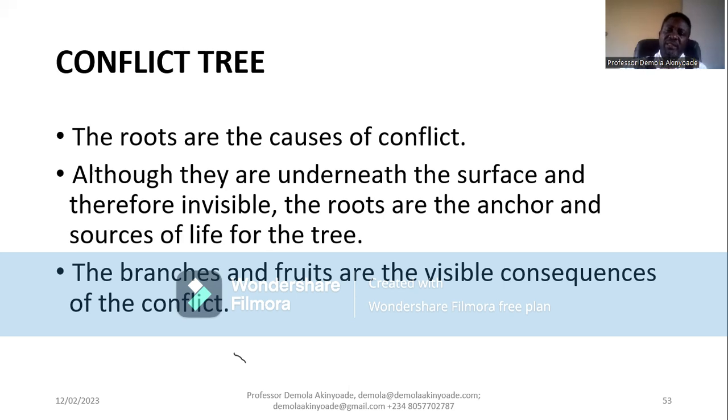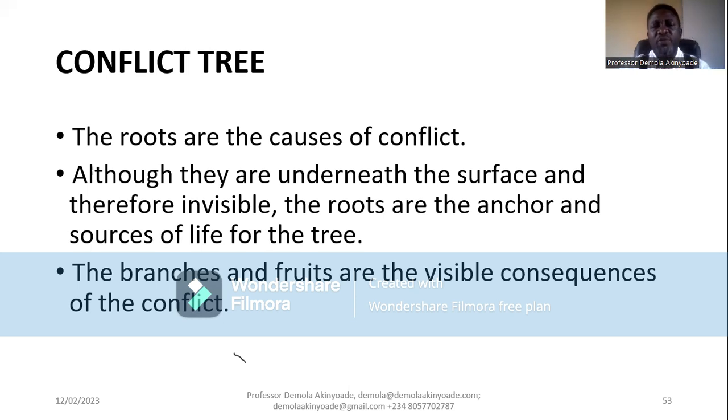So the space, the period we have for peace, we decide, let's quickly cut the stem and then let's uproot the root. Let's pull out the root.